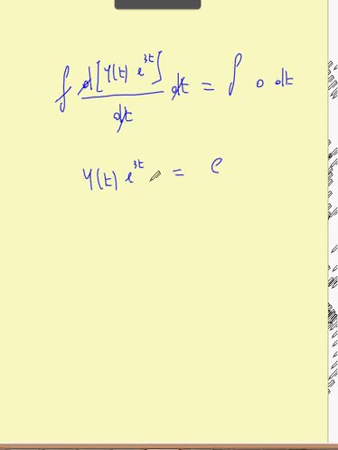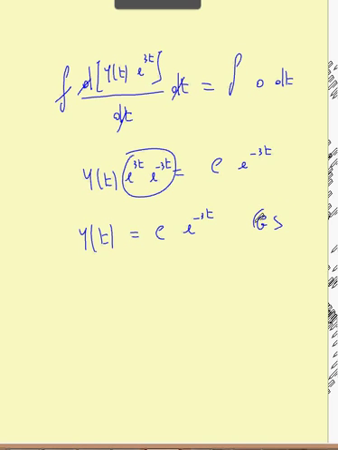So our general solution is y t equal to c e to the power of minus 3t. This is the general solution. Why is it a general solution? Because there is the constant c. So we have a set of functions, not just one function. If c is equal to 1, you have one function. If c is equal to 2, another function. So you have a set of functions.